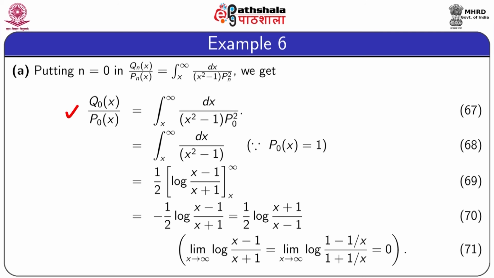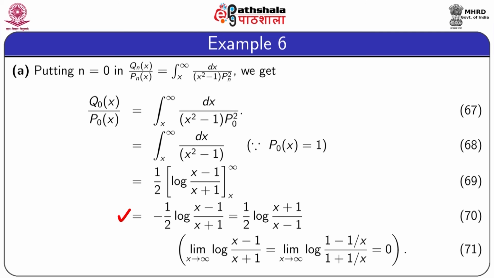Please recall that the value of P0 is 1, and if you substitute that, you will get equation 68, which is the integration from x to infinity of dx by x² − 1. If we integrate that, it will come to half of log((x − 1)/(x + 1)) from x to infinity.